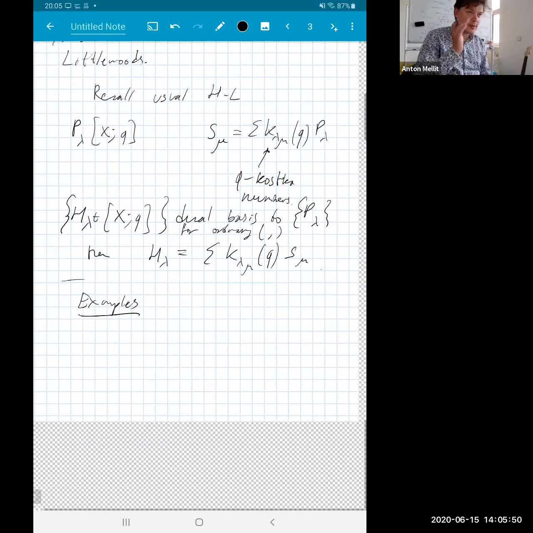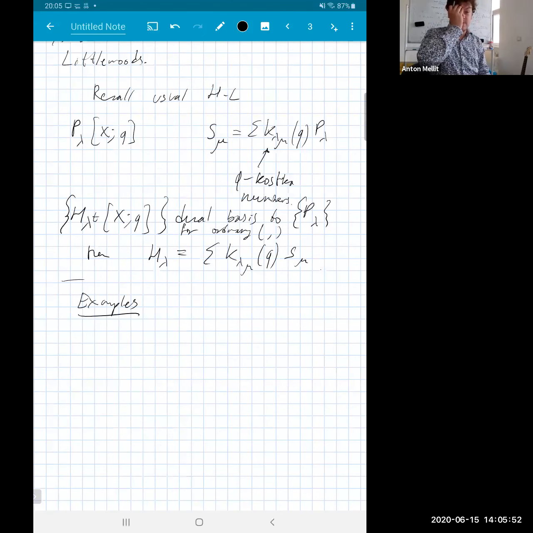For me, I just have to keep in mind these two examples to remember which polynomials we get. The first example is when lambda is n. This means that n lambda is just the zero operator. So we are counting flags preserved by the zero operator, and we get this formula that we had in the beginning.